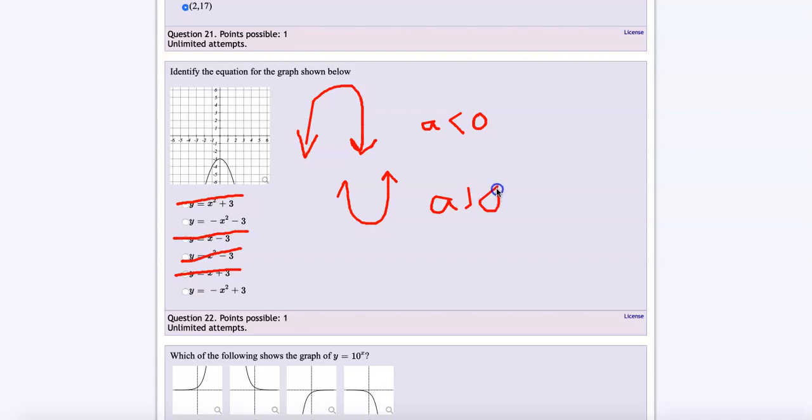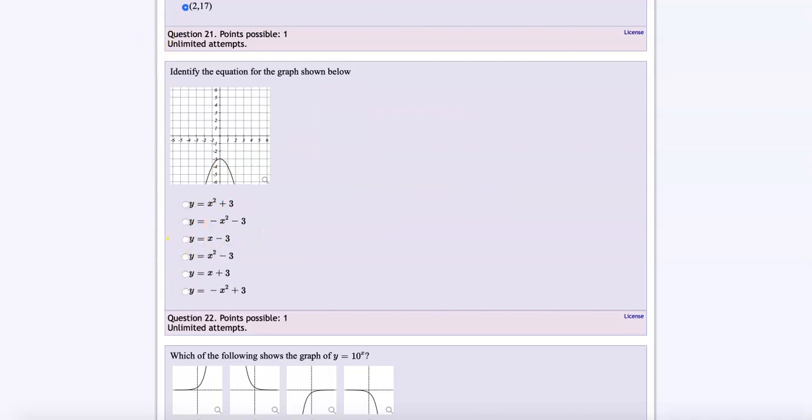Positive leading coefficient, happy parabola. Negative leading coefficient, sad parabola. So what about this? The y-intercept down here is at -3. The c value is your y-intercept, which means that the second choice is correct.